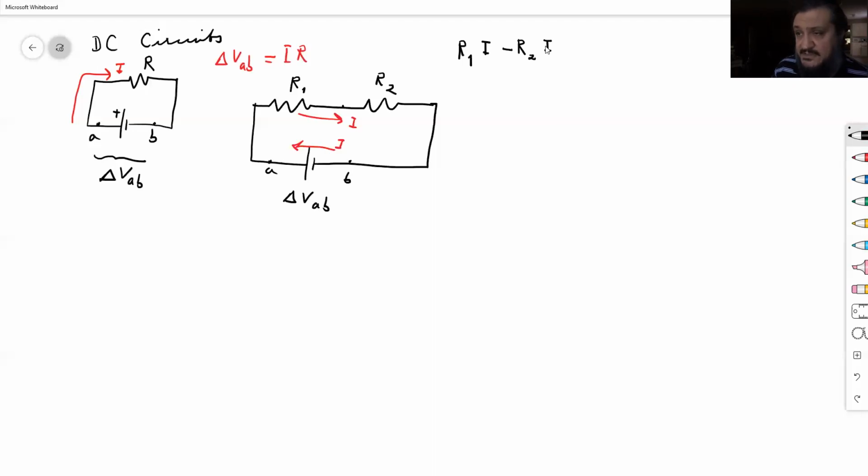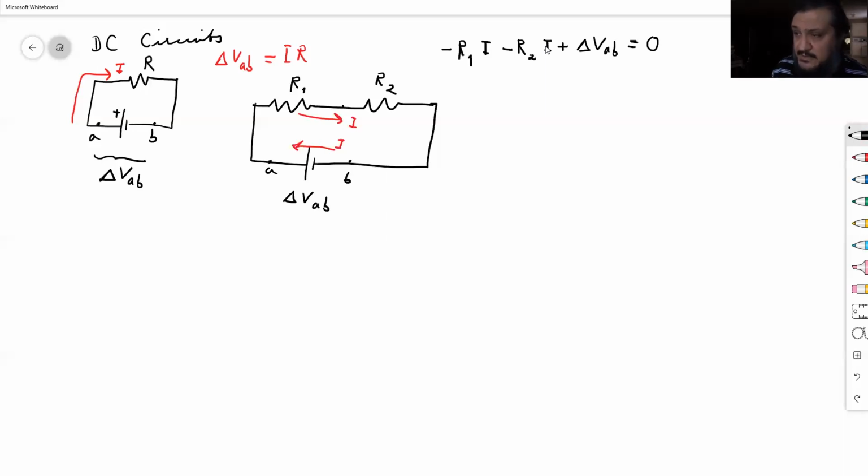So the first one was negative R1I, the second drop is R2 times I, and these will be compensated, if you will, by the battery, and you will get back to the point you start. So there will be no change in the potential. You start at A and end up at A.